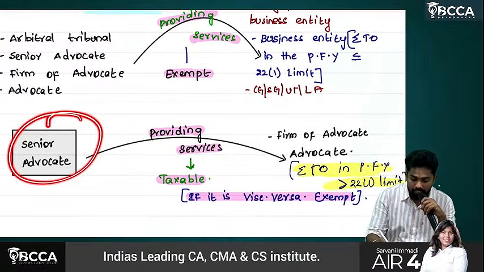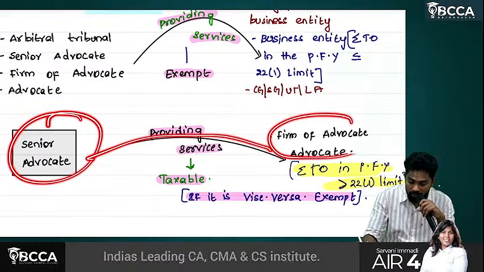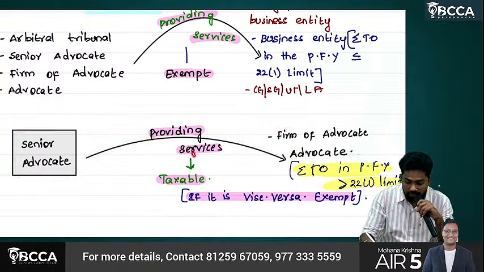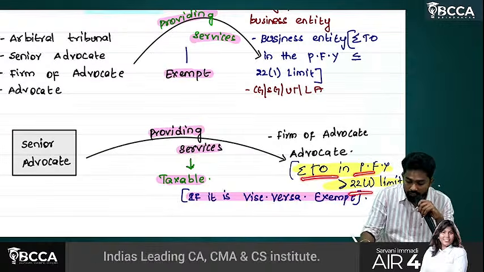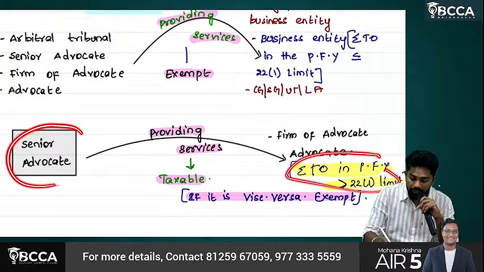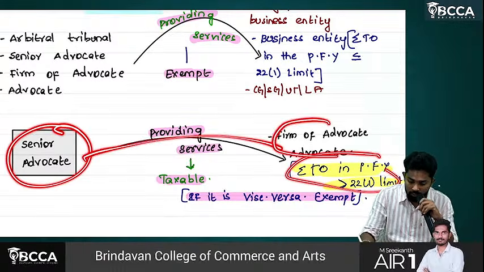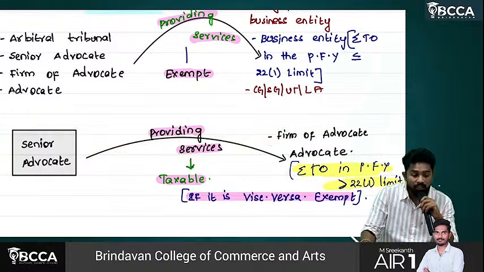Whereas, sir, understand? Whereas senior advocate providing services to firm of advocate, then those services are what? Taxable. If the aggregate turnover in the preceding financial year, it may not be there in your books, correct it. Senior advocate providing services to firm of advocate, it is taxable. When is it taxable?